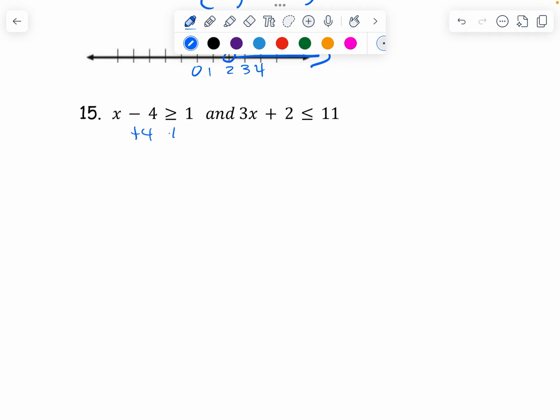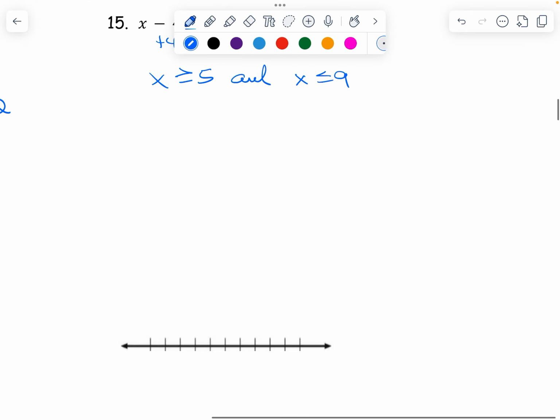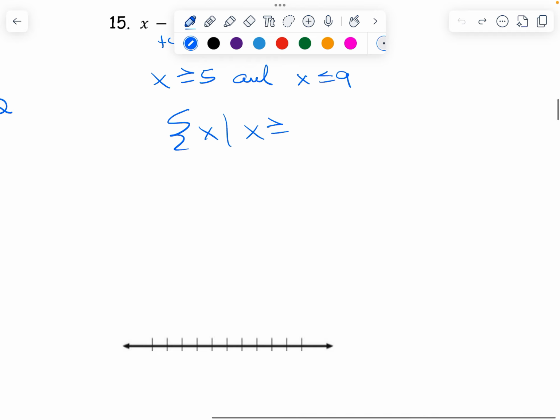Add 4. Get x is greater than or equal to 5, and subtract 2, so I get 3x, and I get 9, so x is less than or equal to 9. So on here, it's greater than or equal to 5 and, oh no, why am I writing it that way?